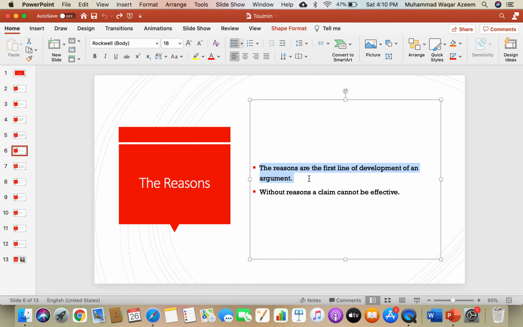When somebody develops an argument, this is how they develop it. That is, they first give a claim and then they give reasons to support that claim. So, of course, it is quite obvious that without reasons, a claim cannot be effective.